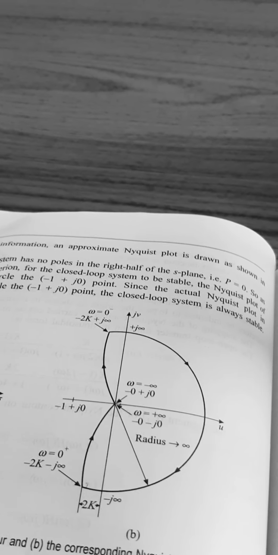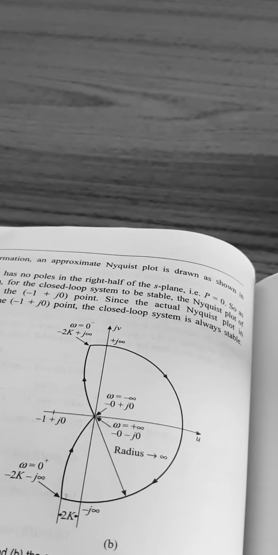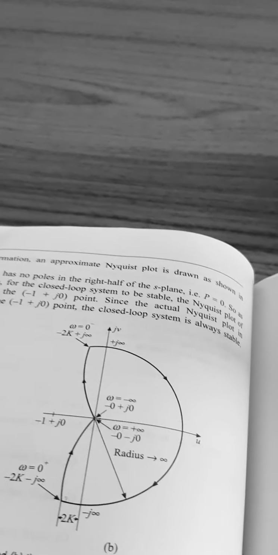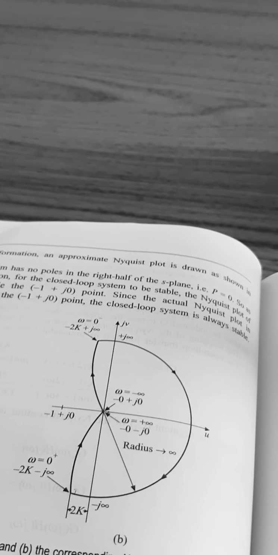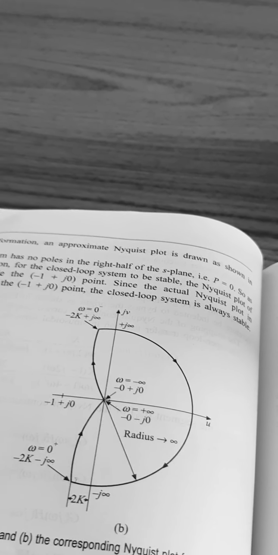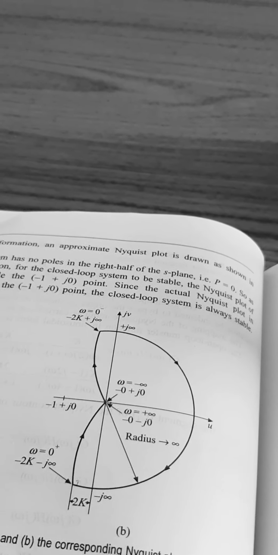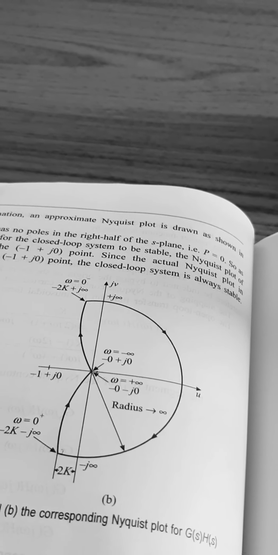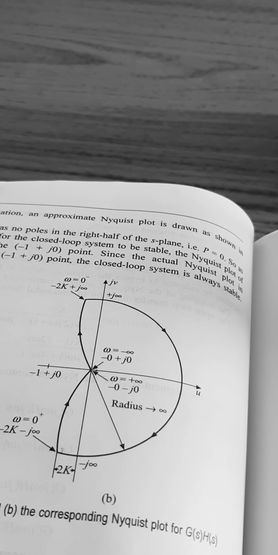Now normally in a system, poles are more than or equal to zeros. Try to understand that. You have to see the net encirclement.